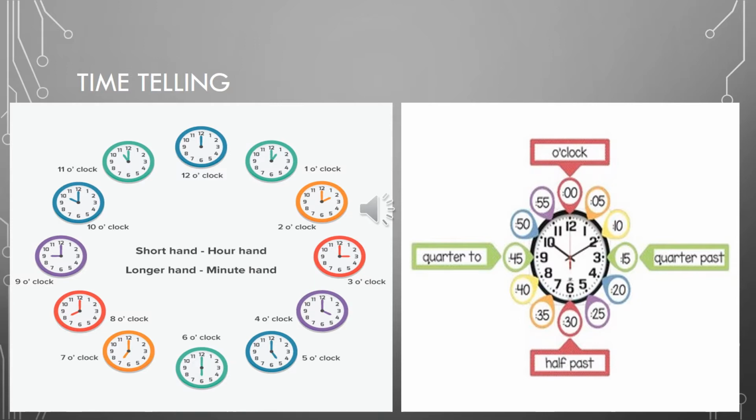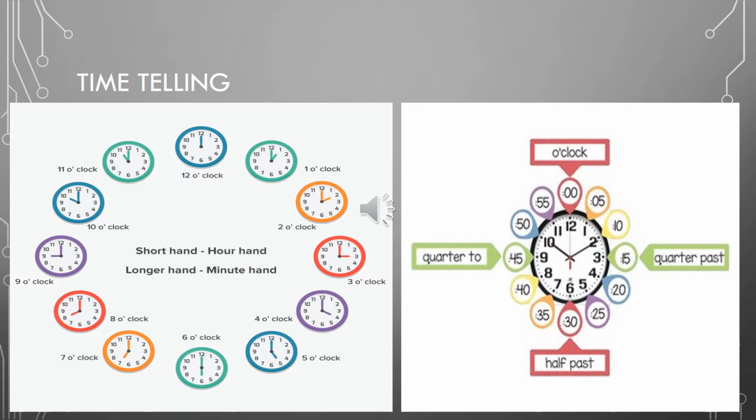And what does it mean? It means that it has passed half the clock and it is making half of the whole clock, है ना? Is it so or no? Yes? So what time will it be? It will be half past wherever the hour hand will be.